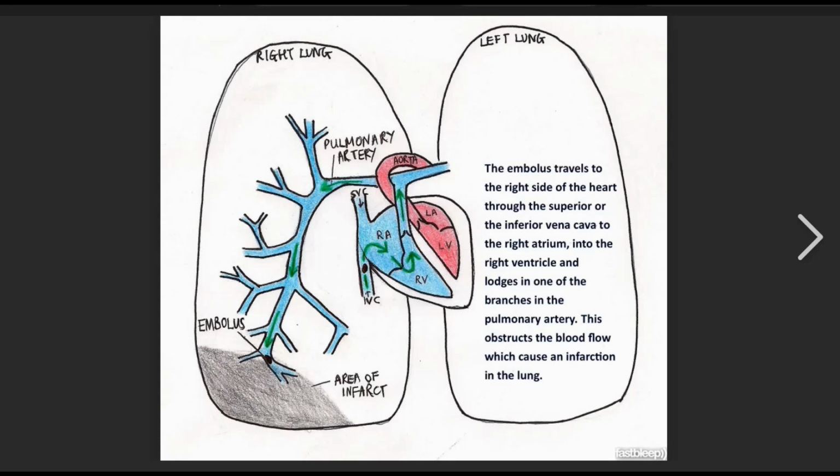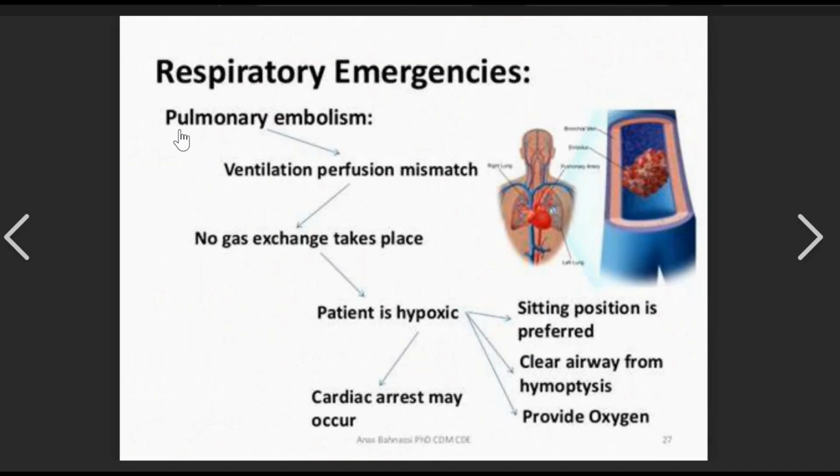So what happens when there is a pulmonary embolism? It leads to ventilation perfusion mismatch. What is ventilation perfusion? Ventilation means airflow to the lung alveoli, and perfusion means blood supply. In order for our body to get oxygenation, there should be airflow as well as blood supply to the lung alveoli.